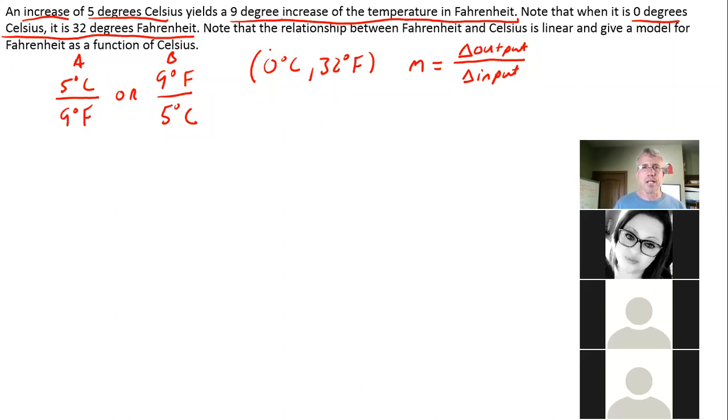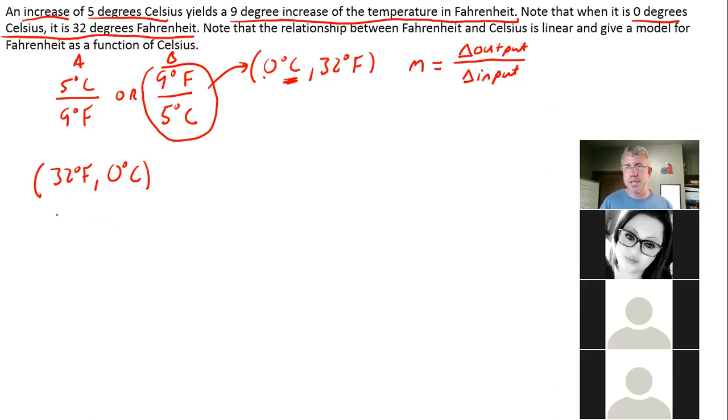So if I write the ordered pair like this, what's my input? 0 degrees Celsius. Yeah, Celsius is my input. So which ratio do I have to pick? I have to pick the one that has Celsius on the bottom. If I wrote my ordered pair input 32 degrees Fahrenheit, output 0 degrees Celsius, which is a legitimate way to think of it, but now I wouldn't have the B in the mx plus b model, then I would go with this because it's change in input on the bottom, change in output on the top.